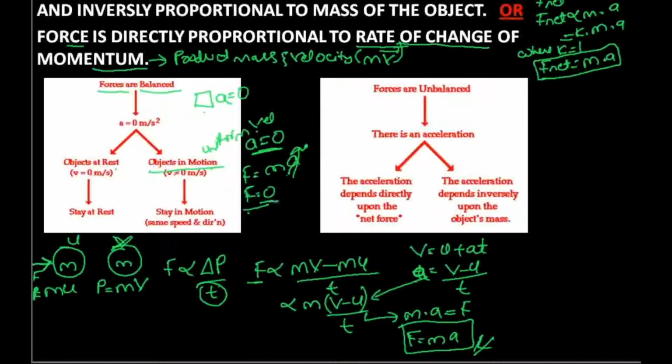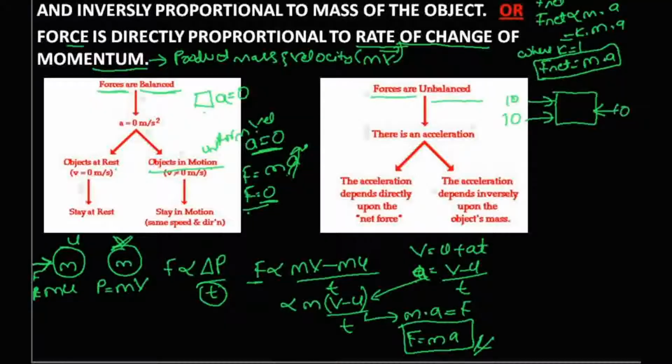Consider case 2. Forces are unbalanced, meaning an object is there and the forces are not balanced. Here two forces, 10 and 10, and here also 10. So the net force acting on the body is 10 Newton towards the right side.